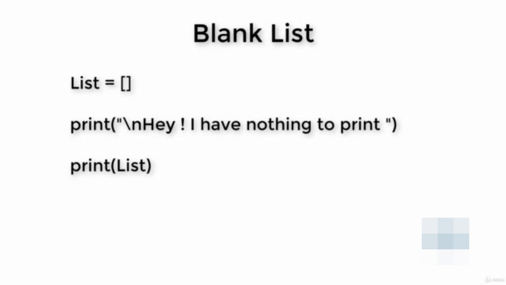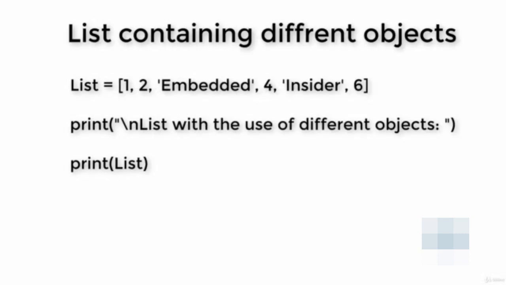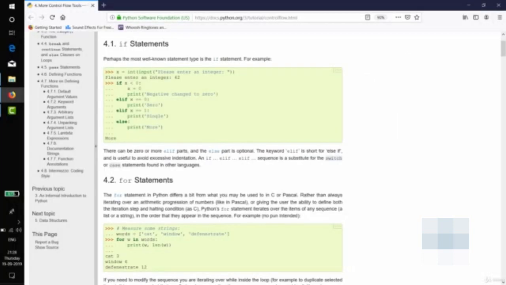Let's create some different types of lists now. Firstly, we have a blank list which prints nothing, and then we have a list containing strings. Then we have a list containing different types of objects. Similarly, we have common concepts of Python like loops, decision making, etc. One more thing we need to care about while writing Python is indentation.